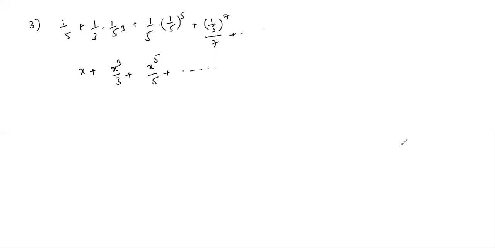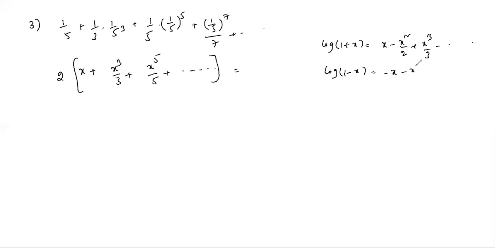Actually, if you take 2 times, what do you have? Log 1 plus x is x minus x square by 2 plus x cube by 3 minus and so on. Log 1 minus x is minus x minus x square by 2 minus x cube by 3 minus and so on.